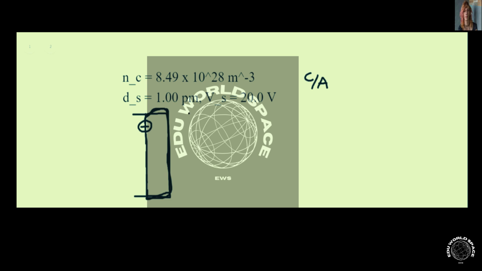So the charge accumulated on the surface, neglecting a negative sign, is just going to be the charge on each conduction electron times the number of conduction electrons in this volume near the surface. And that's going to be the number density times the volume, and the volume is the depth times the cross-sectional area.